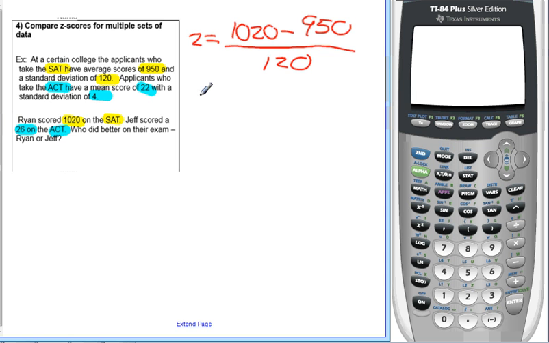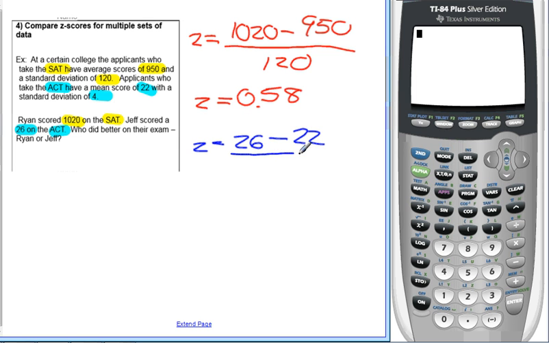So Ryan's z-score is going to be 1020 minus 950 over 120, which is going to be 0.58. Now, Jeff's ACT score is going to be his score of 26 minus the average, which is 22, divided by the standard deviation, which is 4. So then Jeff's z-score is going to be 26 minus 22 over 4, which is 1.